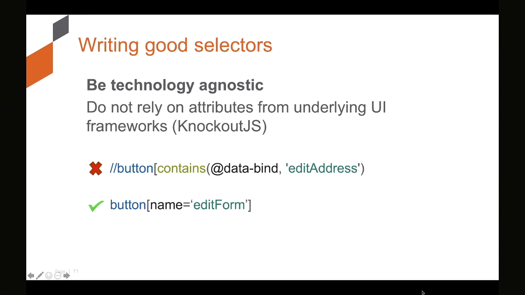It's always a good practice to stay clear from such attributes which are specific to these frameworks, because if there's any refactoring happening on the front end, and if these frameworks go away, all your selectors would end up breaking. So instead, rely on generic or default attributes that you have for elements.